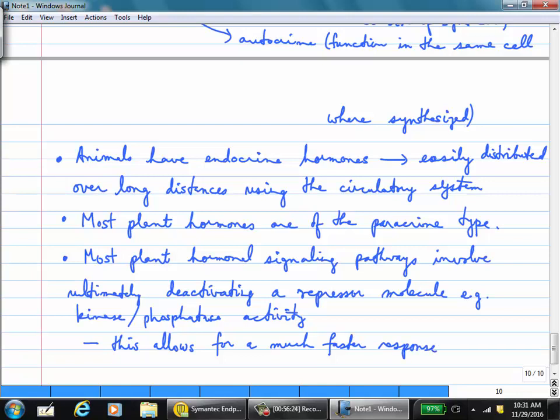Because you don't have to carry out any synthesis from scratch. If you're trying to generate a new protein or something, you have to do transcription, translation, and so on. Here the protein is already there. You just deactivated it by putting in a phosphate group or removing a phosphate group.